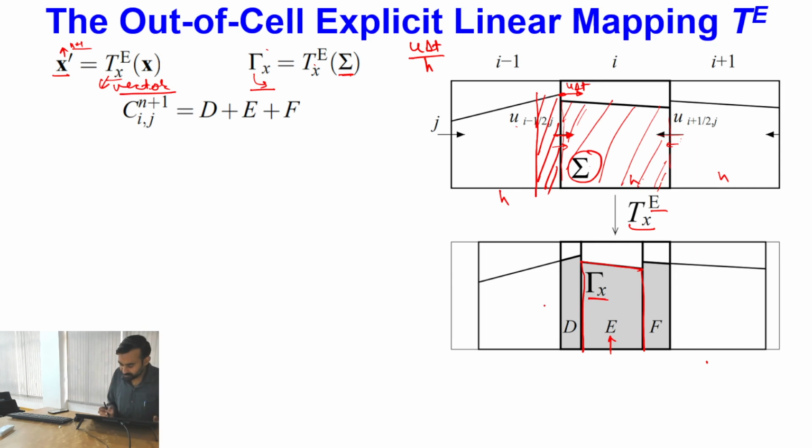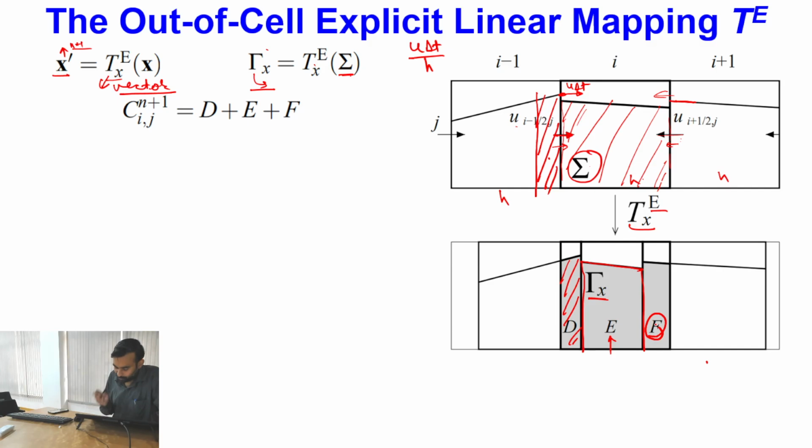So if this much portion has entered into the cell, now you can see that this D is the portion which has entered from left side. In the similar way, right side also I have compression velocity. So because of this compression velocity, some amount will be entering to the cell, and the amount which is entering to the cell, that is my amount F. All are clear with this point?